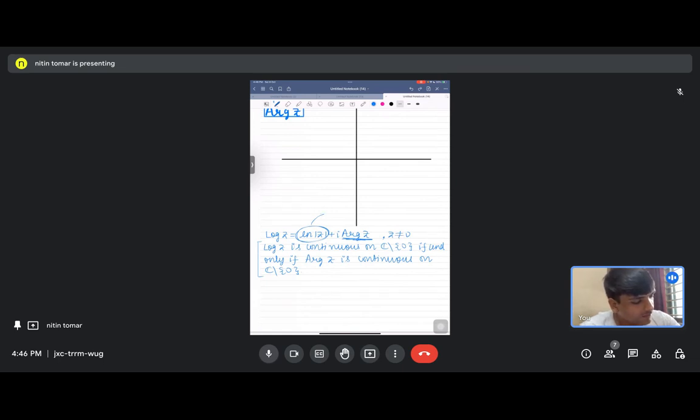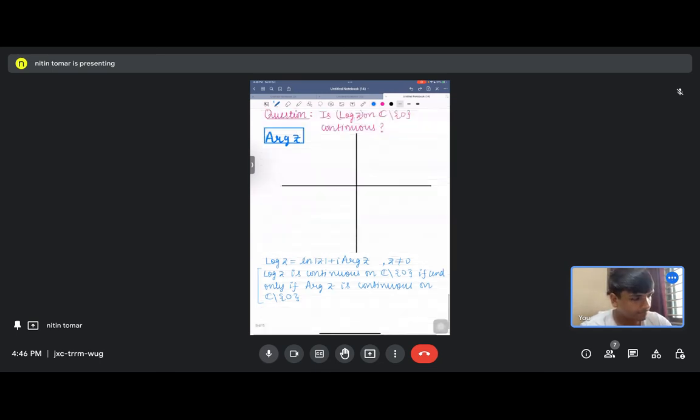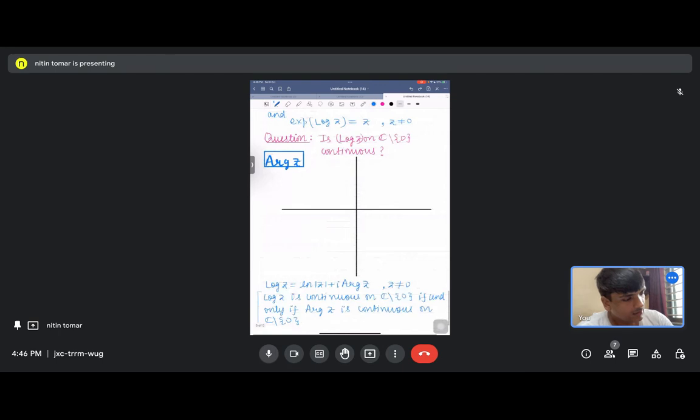And conversely, if log z is continuous, then you can write argument z as log z minus ln mod z. And this is continuous, this is continuous. So argument z has to be continuous. Yes or no? Yes, sir. So the continuity of log z boils down to the continuity of argument z, right? Yes, sir.